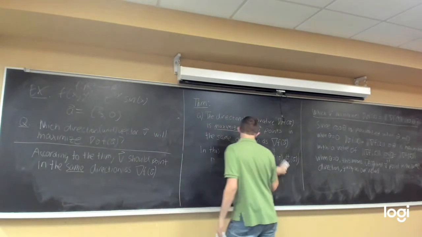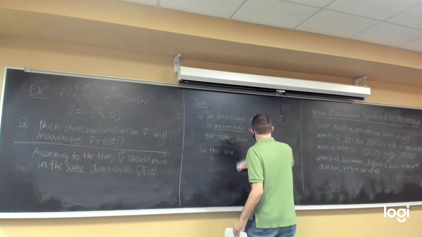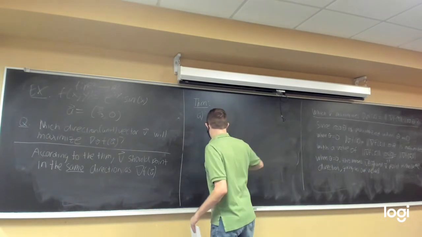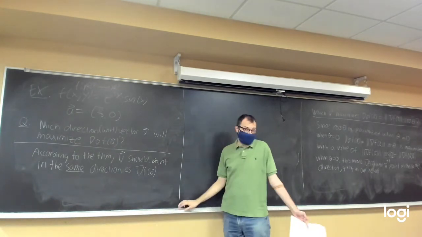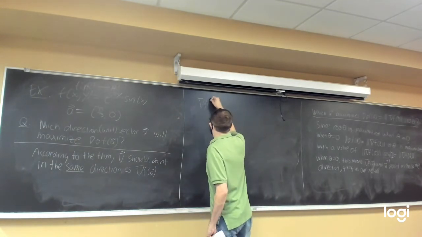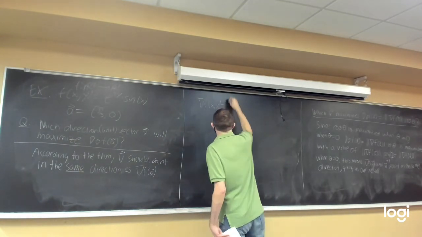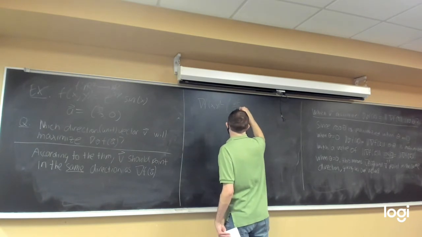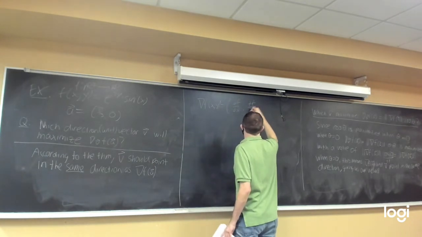So let's find that direction by, first of all, finding what our gradient vector is going to be. So we know what the gradient vector is. The gradient of f at x y is going to be del f del x and del f del y.